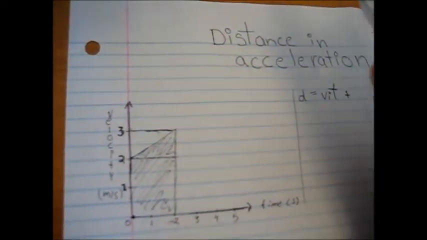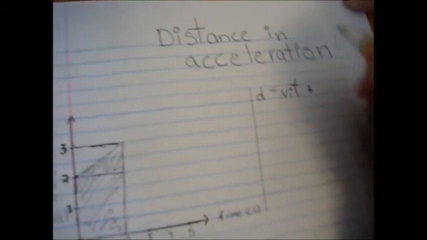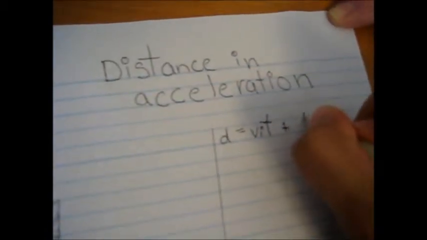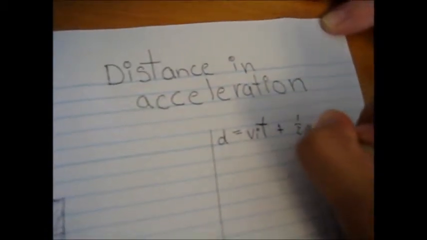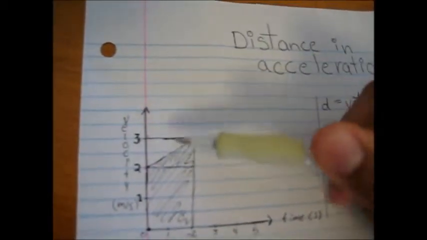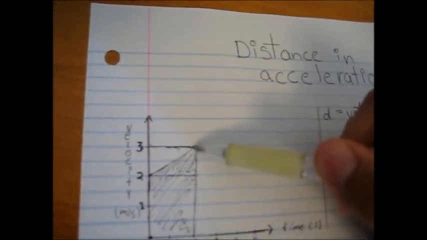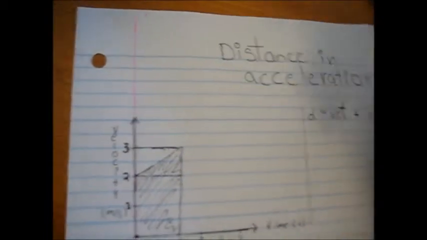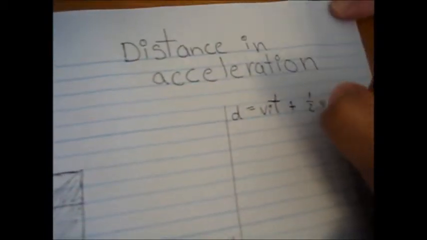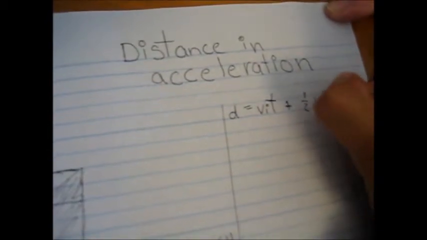So here we have a half multiplied by the final velocity, so Vf for final velocity.